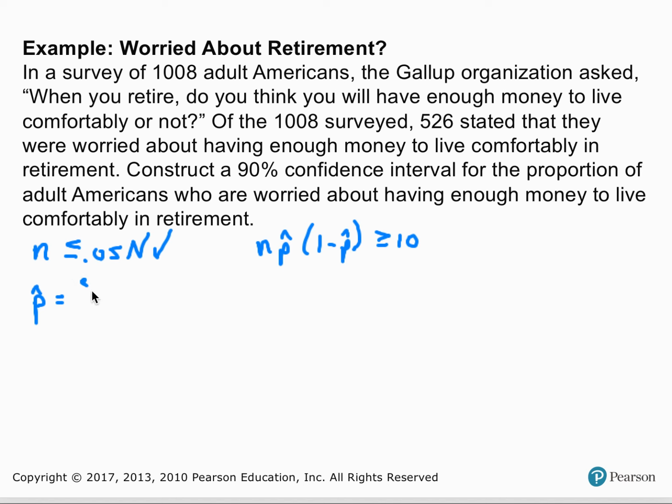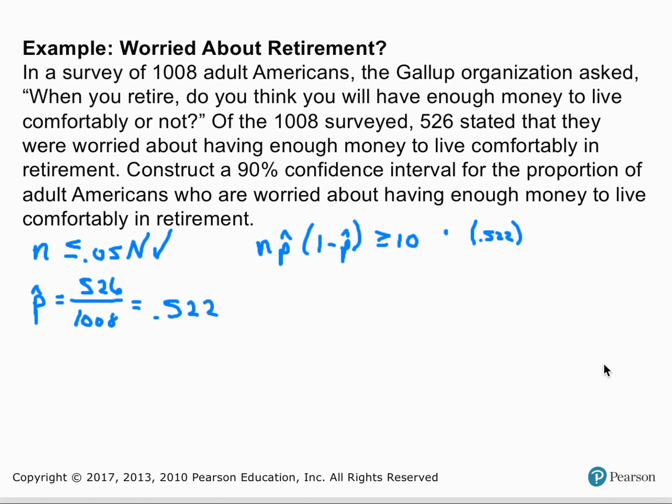Okay, so 526 out of 1,008 is 0.522. Okay, right? 3 decimal places, 0.522. So let's plug it in up here. We have n times 0.522. Oh, not n. I know what n is. This is where we're plugging in. So 1,008.